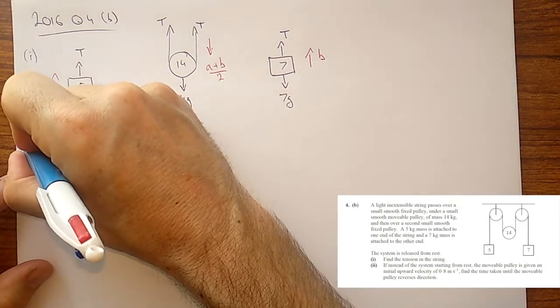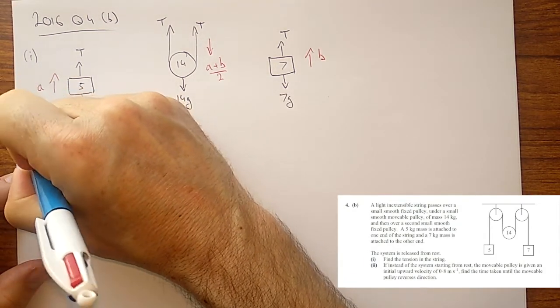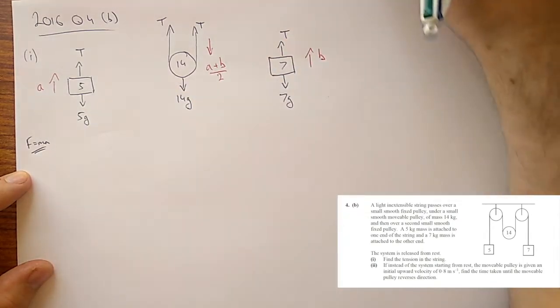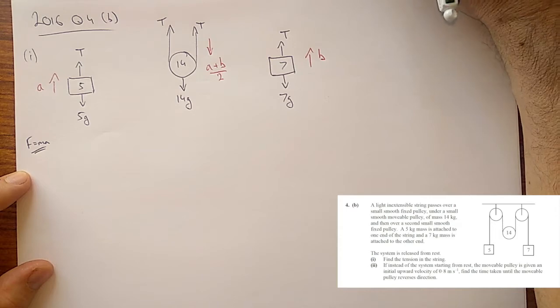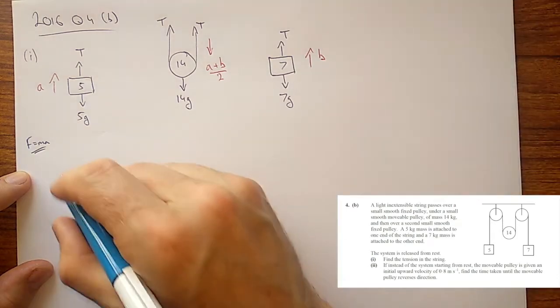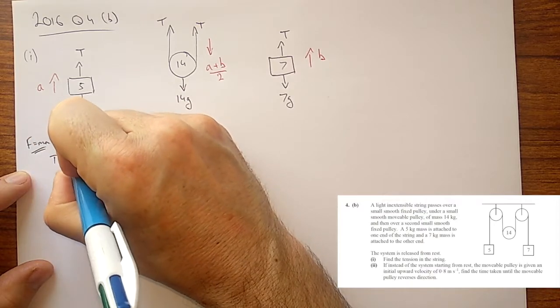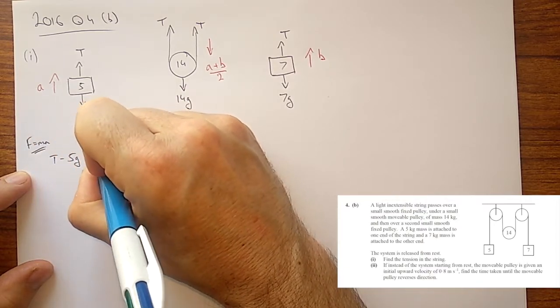So, stage 2, F equals ma. All right, so let's run our F equals ma calculations across the rest of these guys. Well, in this case, I think it's going to go up. So T minus 5g equals 5a.